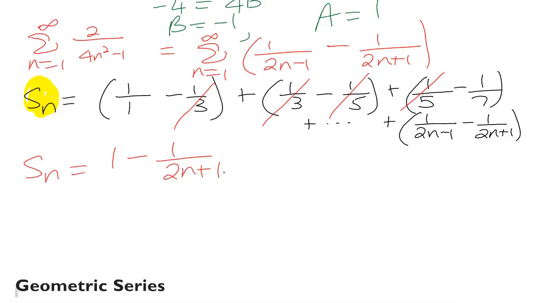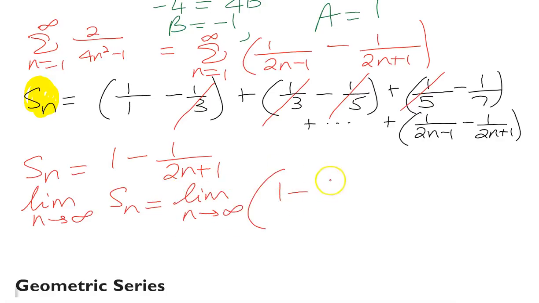Now, to determine convergence or divergence, we have to find the limit as n goes to infinity of Sn. That is the limit as n goes to infinity of 1 minus 1 over 2n plus 1. The limit of 1 is 1, and as n goes to infinity, 1 over infinity is 0, which is 1.